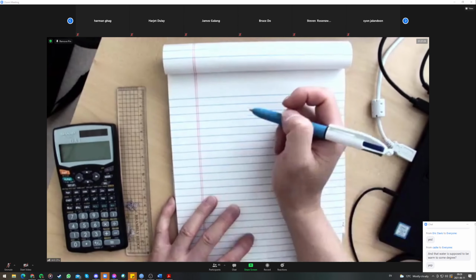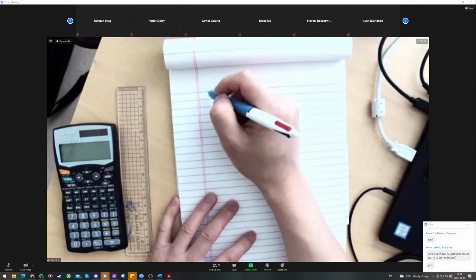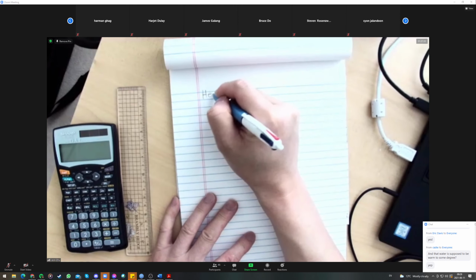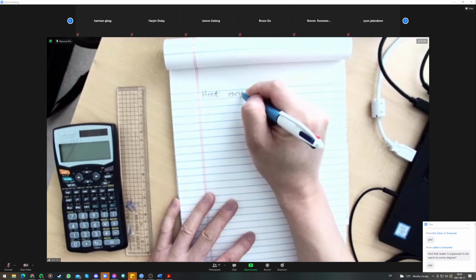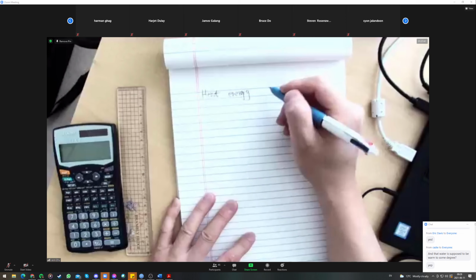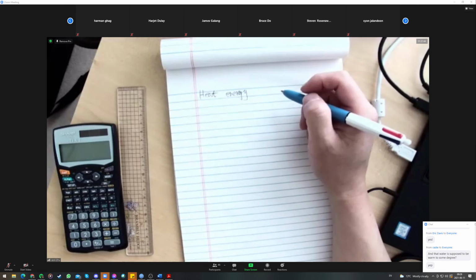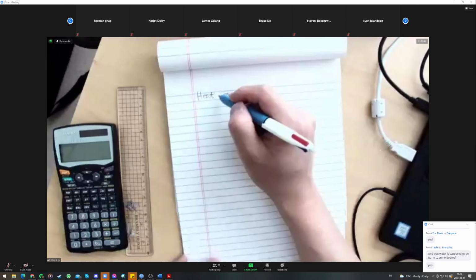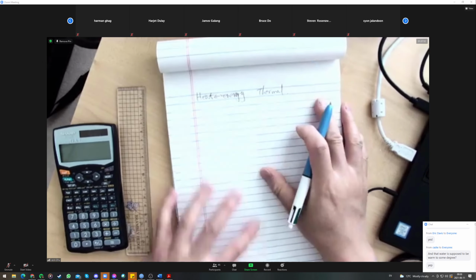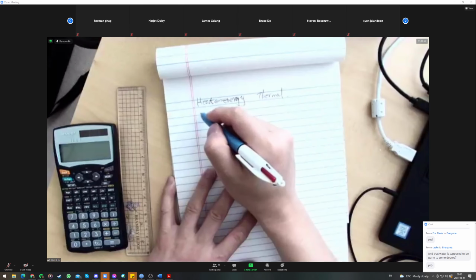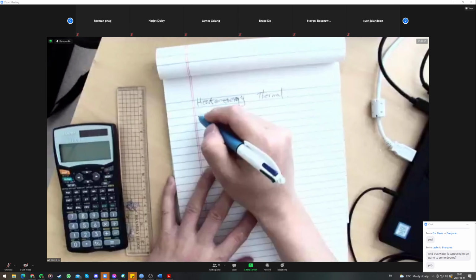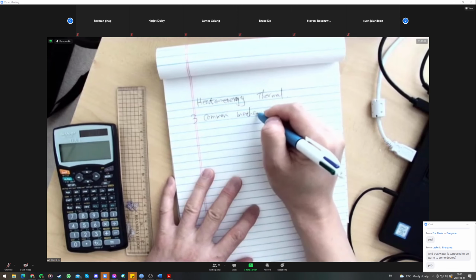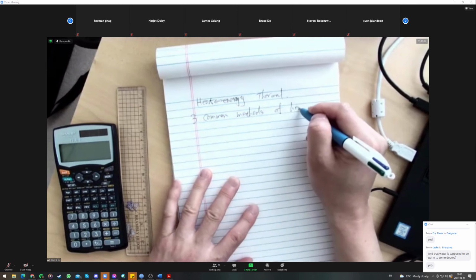So, going to talk about heat energy. Heat is actually energy. We call it thermal energy. There are three common methods of heat transfer.